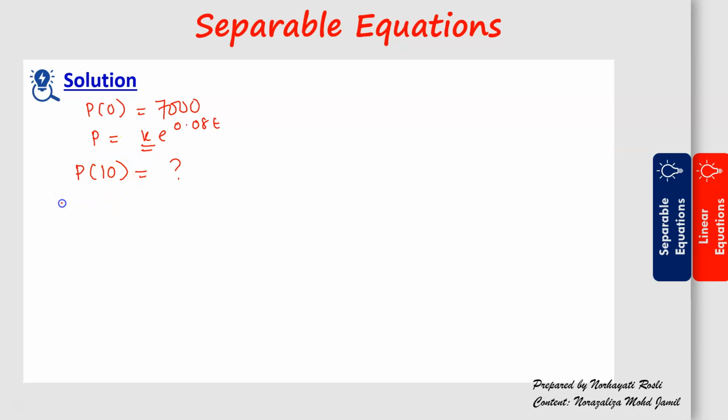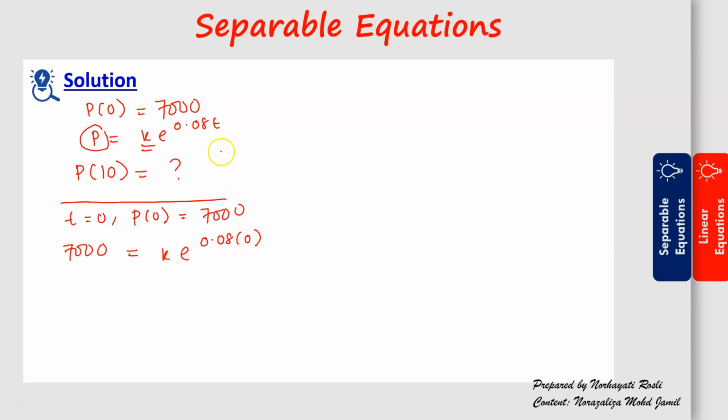How to get this? So we have t equal to 0, P at 0 equal to 7,000 people. It means that when the initial time is equal to 0, we can substitute P with 7,000 people, which is equal to K exponential of 0.08 times 0, where t is substituted with 0.